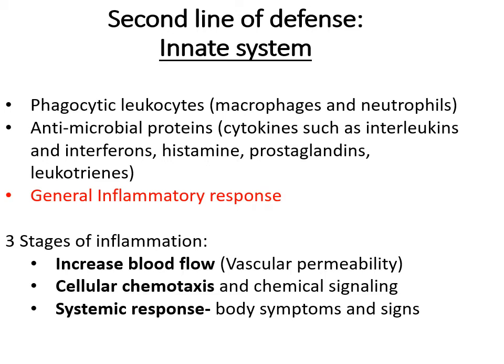Okay, some of the cells are going to release histamine. Histamine causes vasodilation, which is going to increase blood flow to the area. There's going to be a cellular response. Okay, so there's increased blood flow, there's a cellular response, and when we say cellular chemotaxis, it means that there are cells that are now going to be attracted to the area to help out.